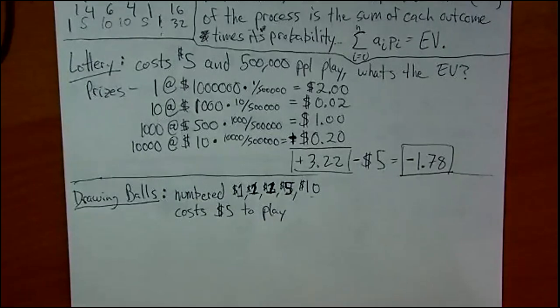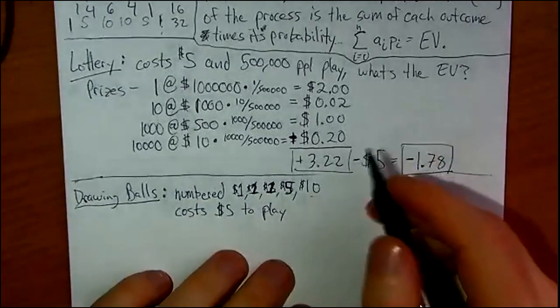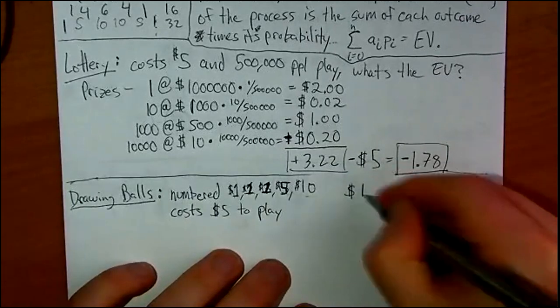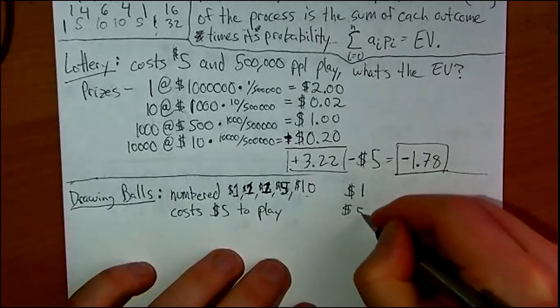Well, what are my different outcomes? Okay, so my different outcomes are I could get $1, or I could get $5, or I could get $10.